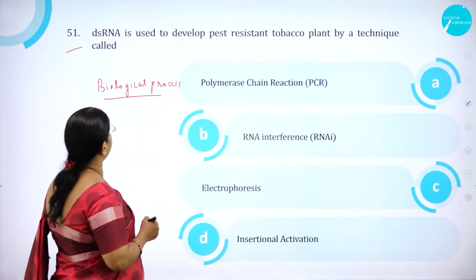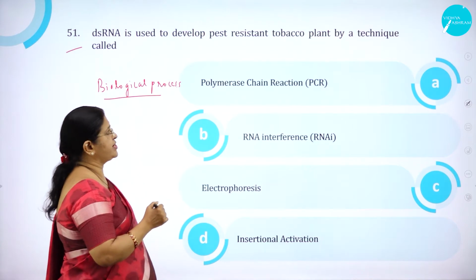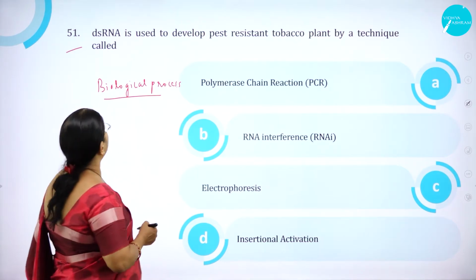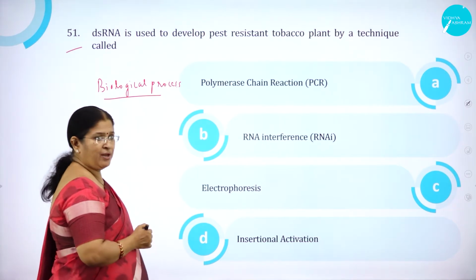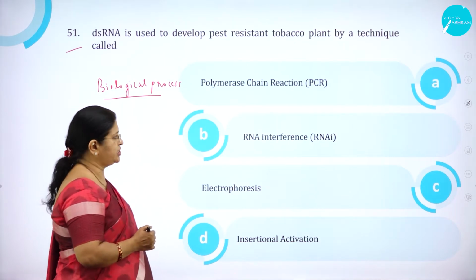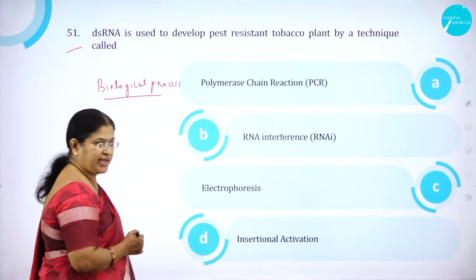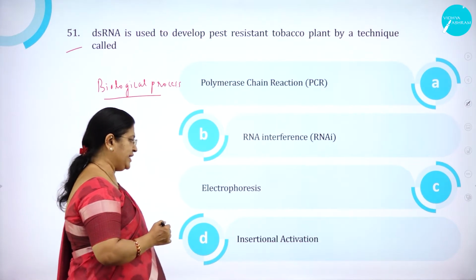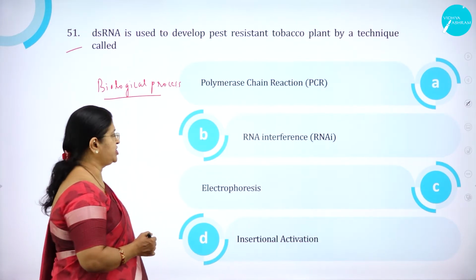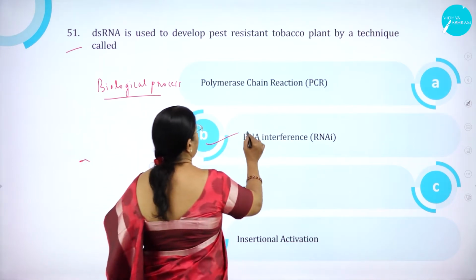dsRNA, double-stranded RNA, is used to develop pest-resistant tobacco plant by a technique called A, polymerase chain reaction, B, RNA interference, C, electrophoresis, D, insertional activation. So the option is RNA interference.